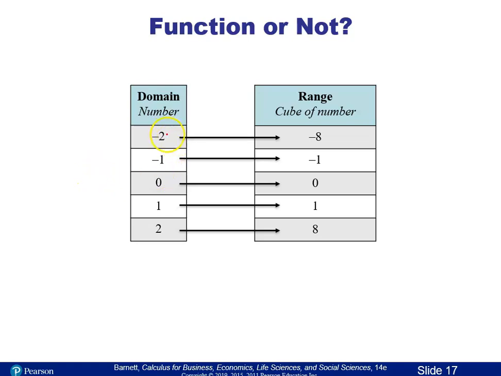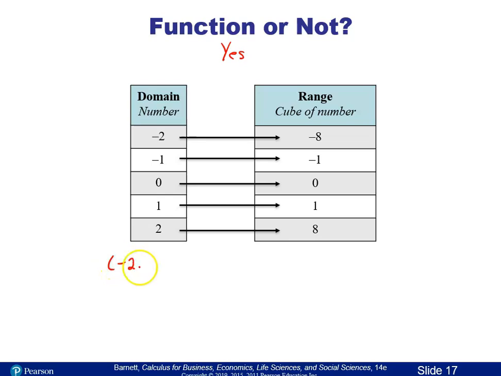Okay, if we look at one like this, each x coordinate is paired with one y coordinate over here, or each domain is paired with one and only one range value. Because of that, this would be a function because it does satisfy the definition of a function. If you're ever not sure, write these as ordered pairs.